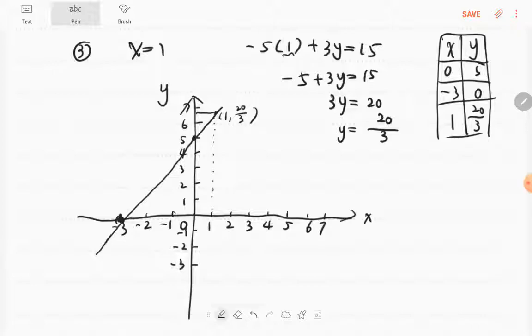It's just 6 and 2/3, so it's a point between 6 and 7, close to 7. So we use the last point to test, and we realize this point is also on the line, so we know we did the right thing.